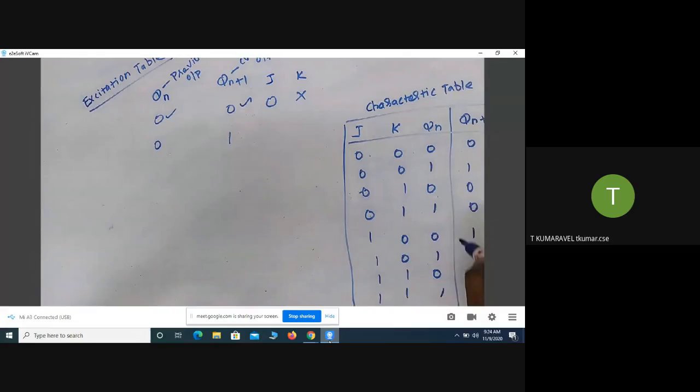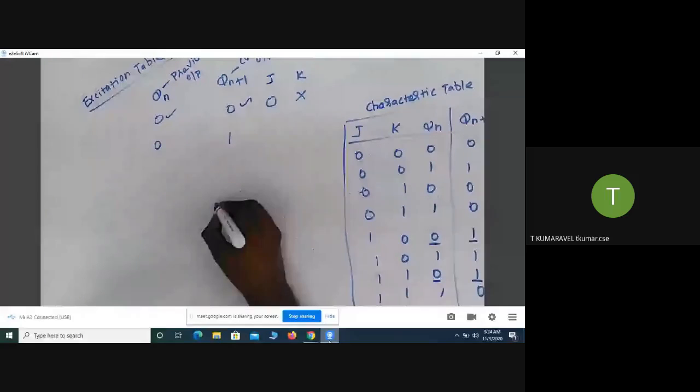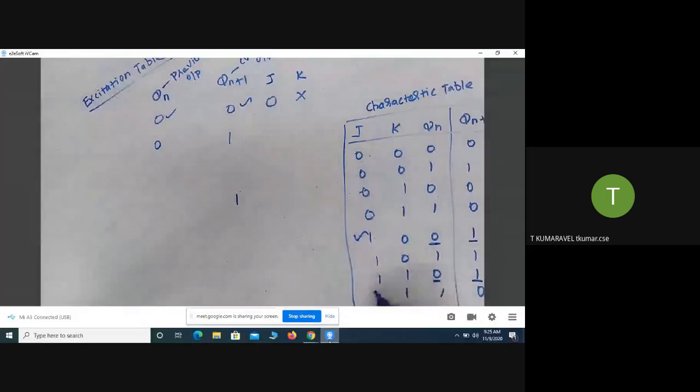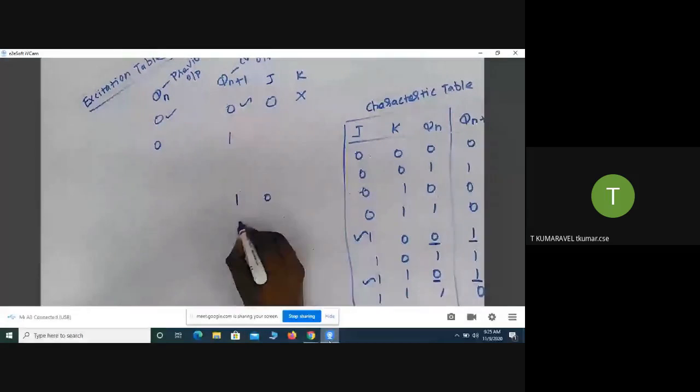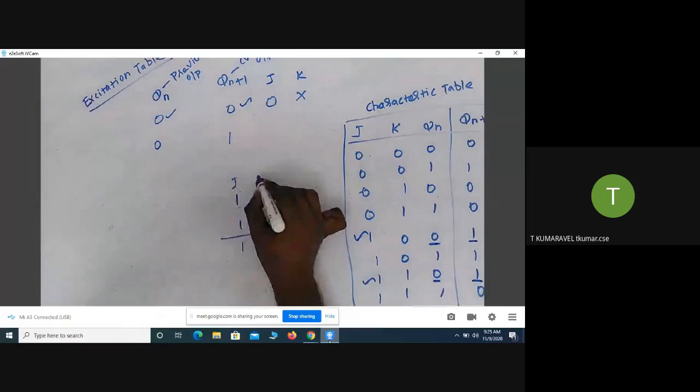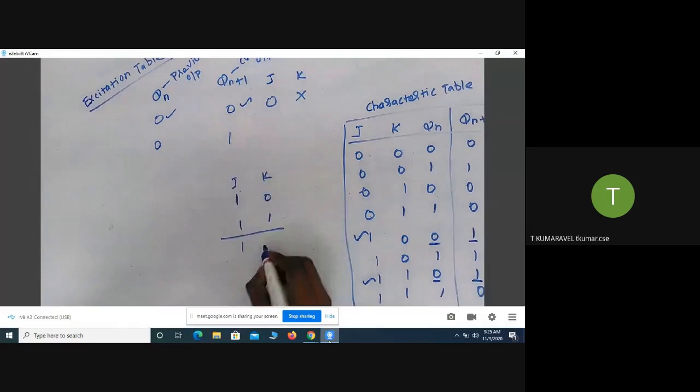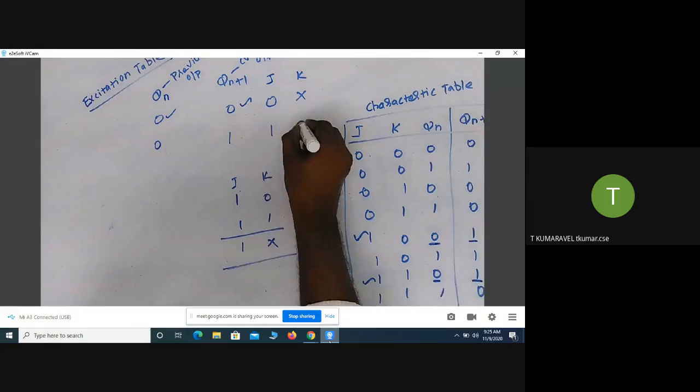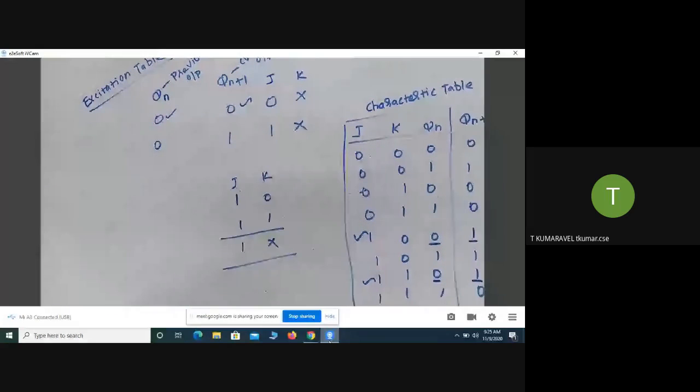What is the input combination? 1 0 is one, and another one is 1 1. So J is the same in both, but K is varying. If K is varying, it can be represented as a don't care condition. Similarly for the rest of the cases.